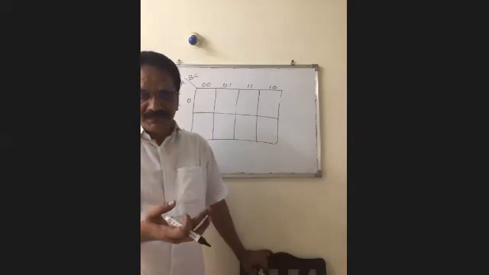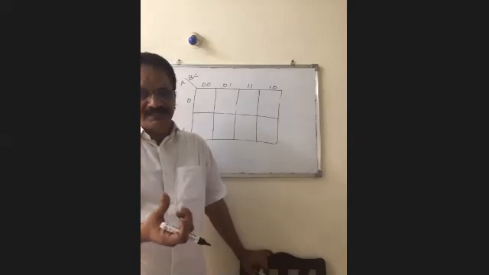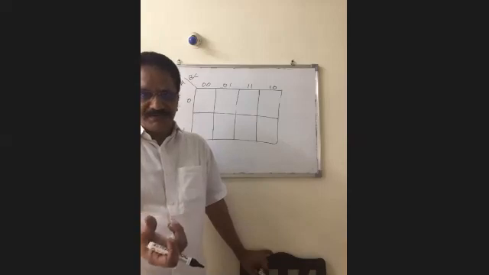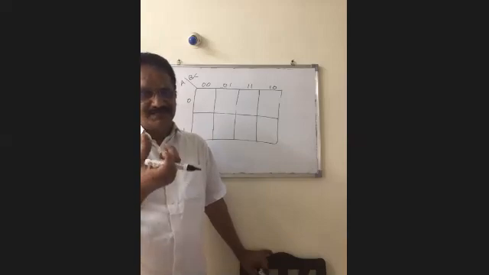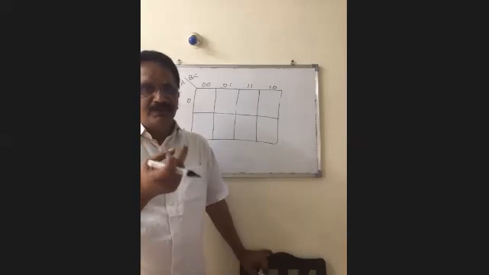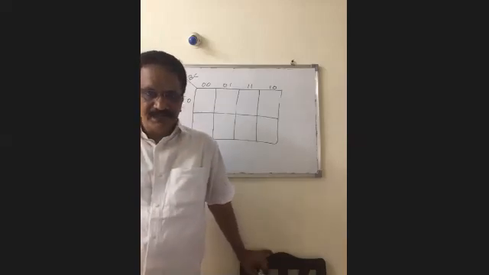For example, if the given expression is in POS form, it may be a sum term or a max term. So for a max term or sum term, we have to enter zeros in the corresponding cell.